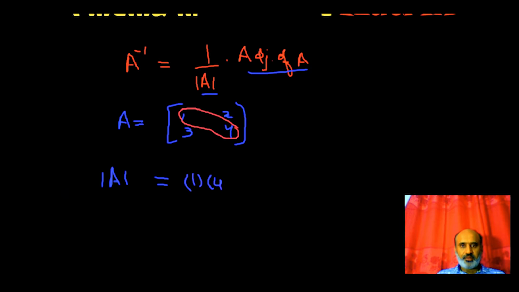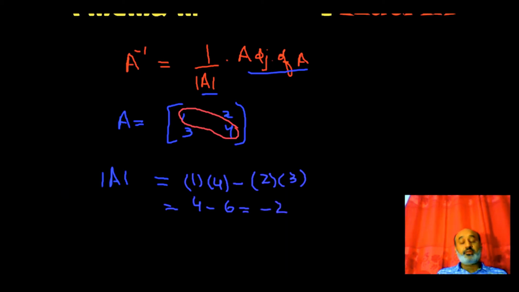It's the product of the principal diagonal minus the product of the secondary diagonal. This 2 and 3 is the secondary diagonal of this matrix. So 2 times 3, and 4 minus 6, you'll be getting negative 2. This is the determinant of the matrix. So the determinant is negative 2.